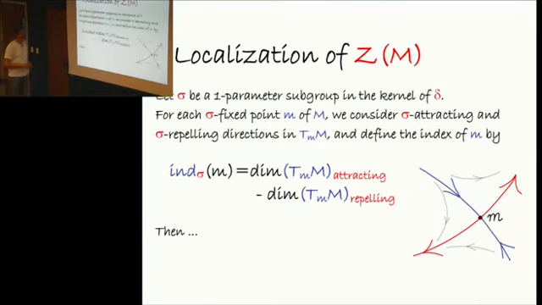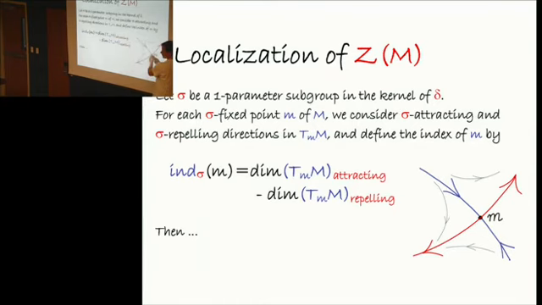So the next step is what about localization? The localization for this virtual index takes the following form. Suppose I pick a one-parameter subgroup, and the subgroup has to be in the kernel of delta. It has to preserve the holomorphic three-form of the Calabi-Yau threefold. And then for every fixed point of that one-parameter subgroup, I'm going to associate a number.